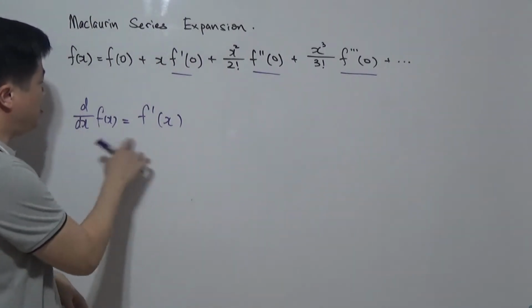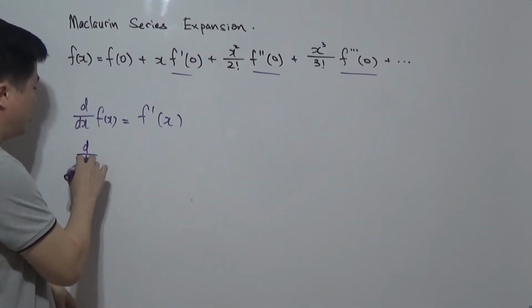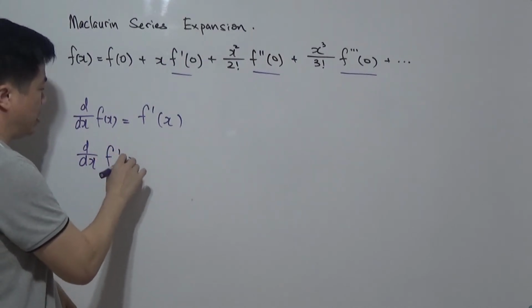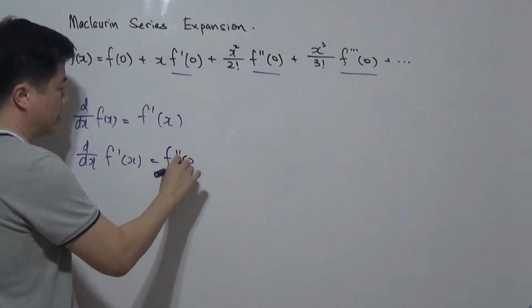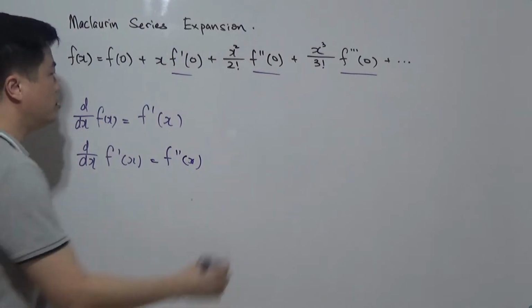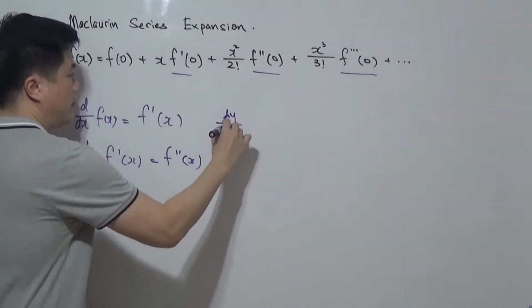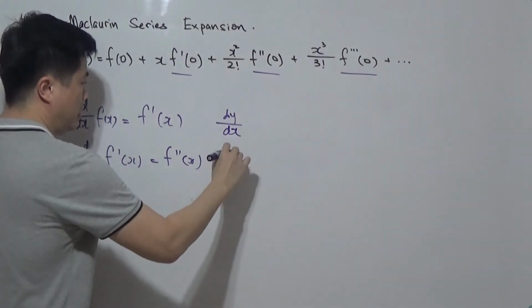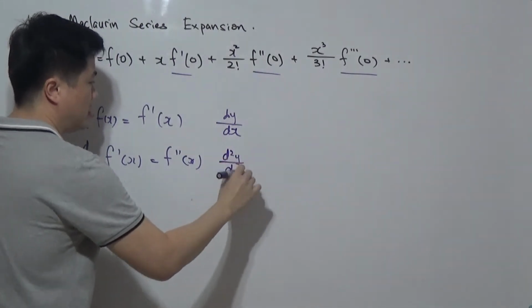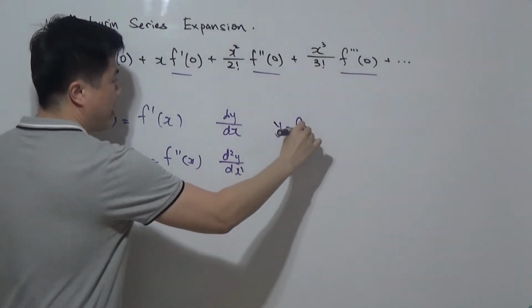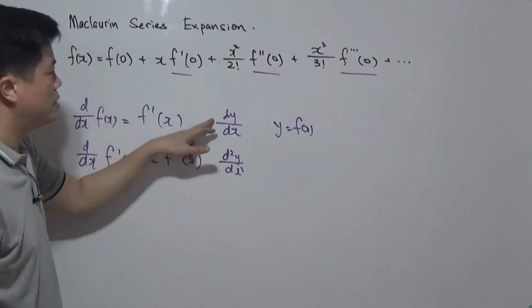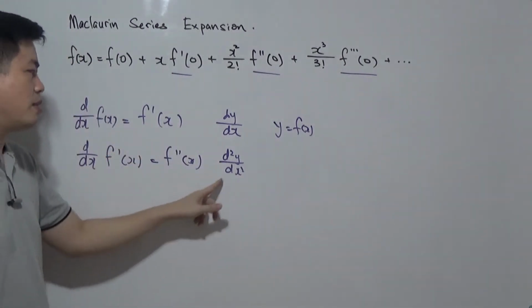So if you differentiate f prime x again, that's going to give you f double prime x, and so on and so forth. Some of you may be quite familiar with these notations. When you have y equals f(x), then when you differentiate it, you can call this dy/dx, d2y/dx squared.